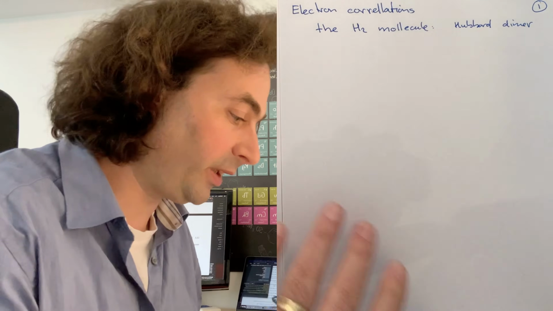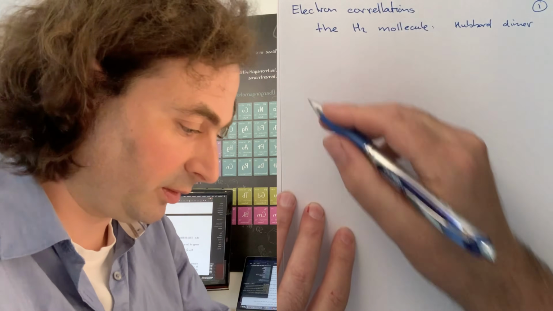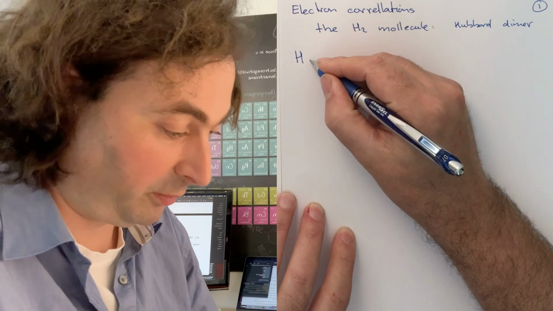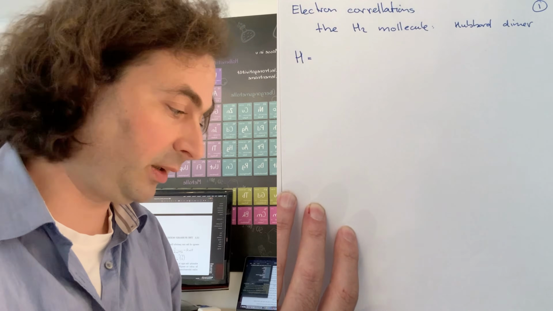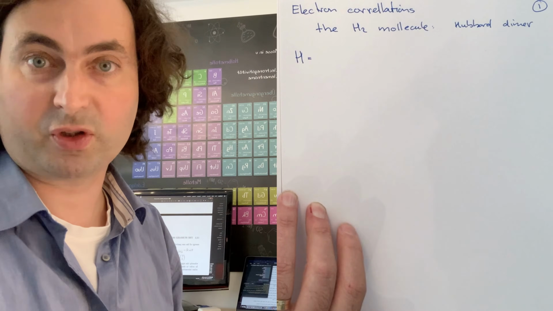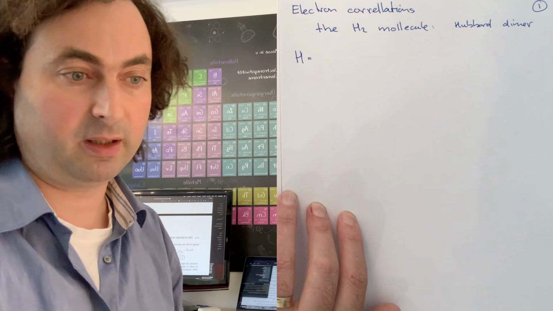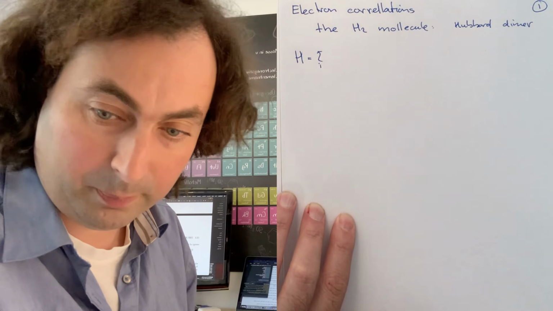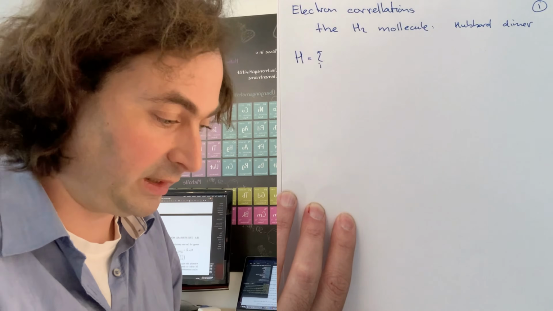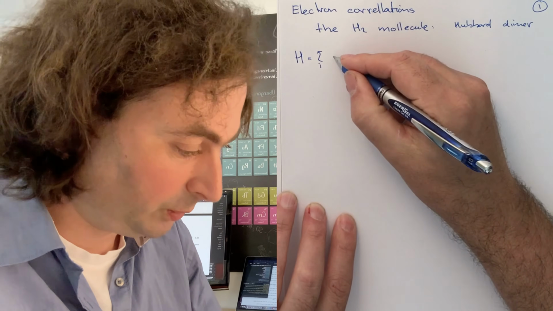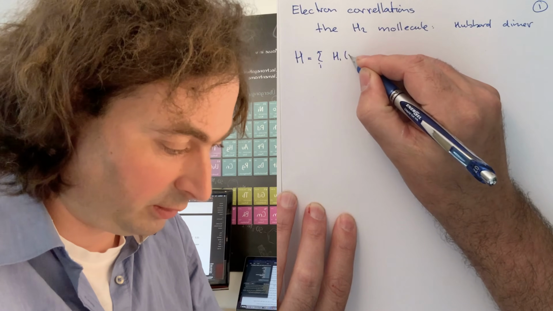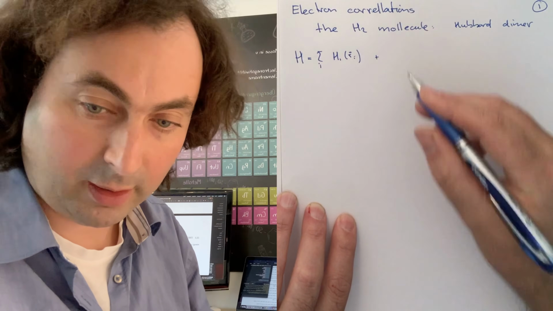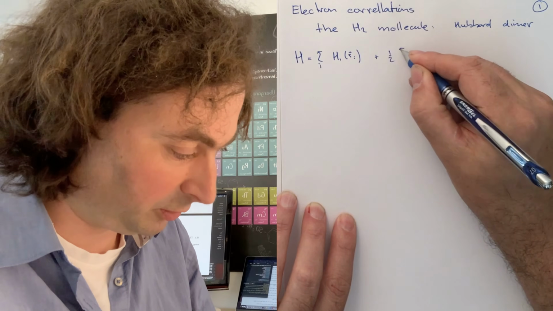And let's start by writing down the Hamiltonian that we have for a hydrogen molecule, whereby we will assume that our atoms are fixed at positions A and B within the molecule. So we have a sum over the electrons, electron 1 and 2, and then we will define a 1-particle Hamiltonian and a 2-particle Hamiltonian.